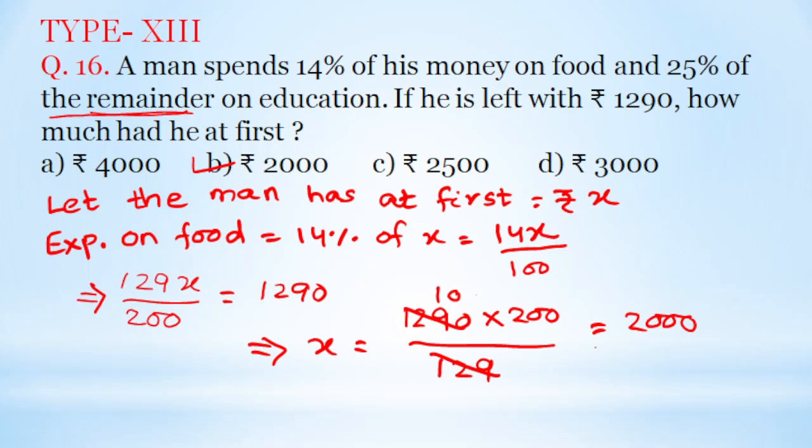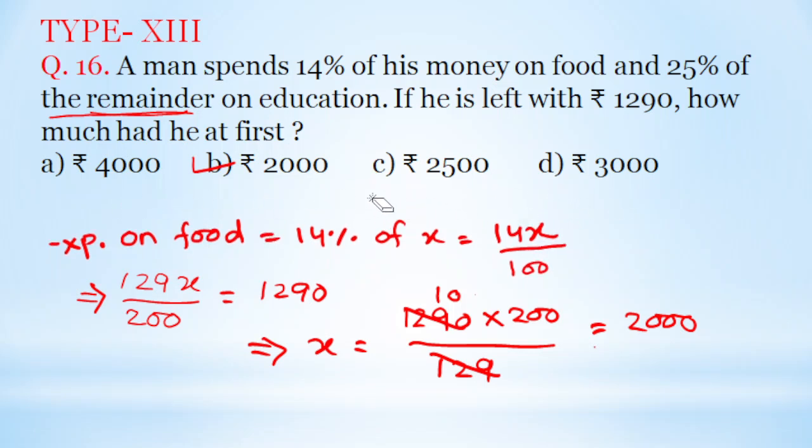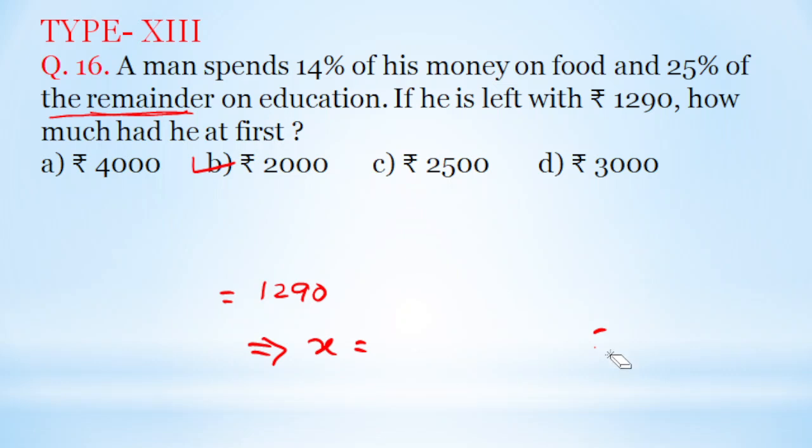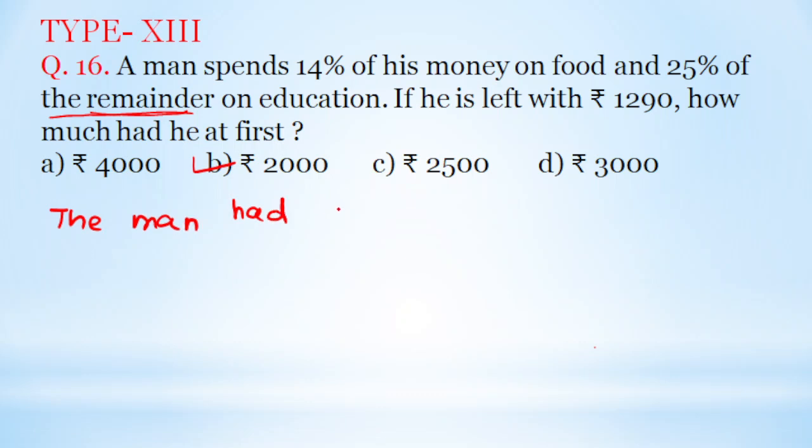Now next, the trick. Let the man have at first 100%.